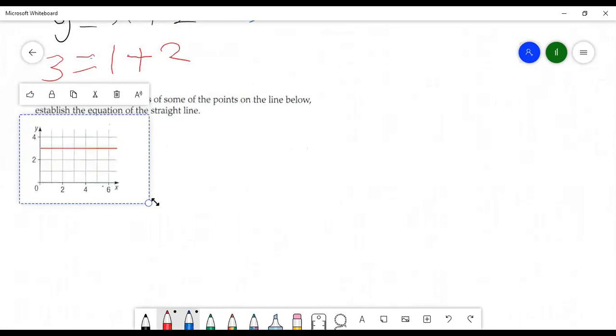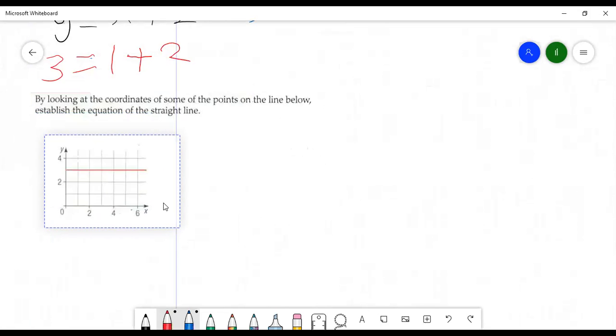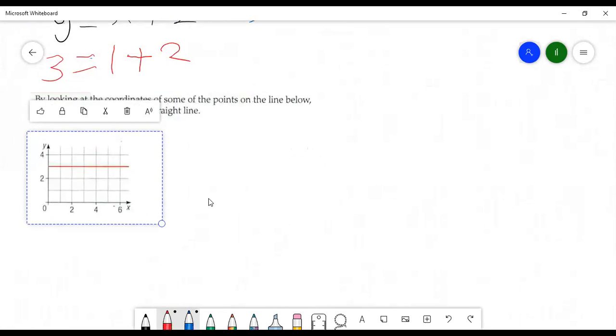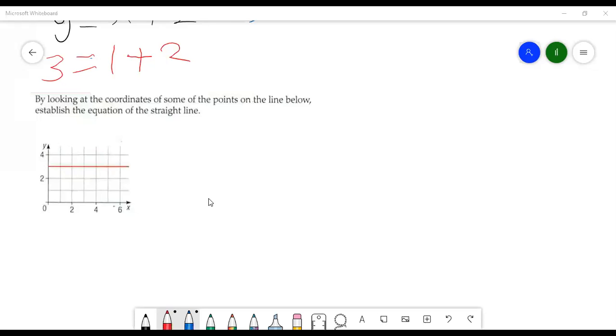We're going to do the same thing. We're going to look at some of the points on this line and represent them in the table. So let's place the table here for x and y.